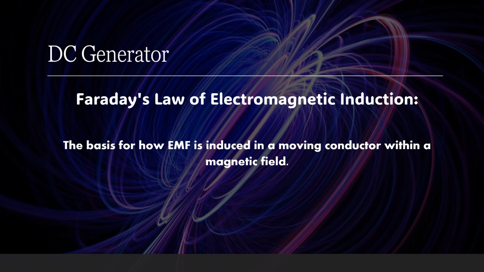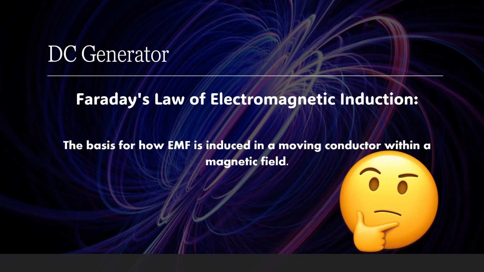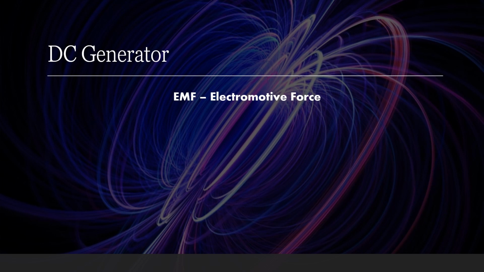Now, DC generators use Faraday's law of electromagnetic induction, the basis for how EMF is induced in a moving conductor within a magnetic field. So you might be wondering, what is EMF? Now, EMF stands for electromotive force.